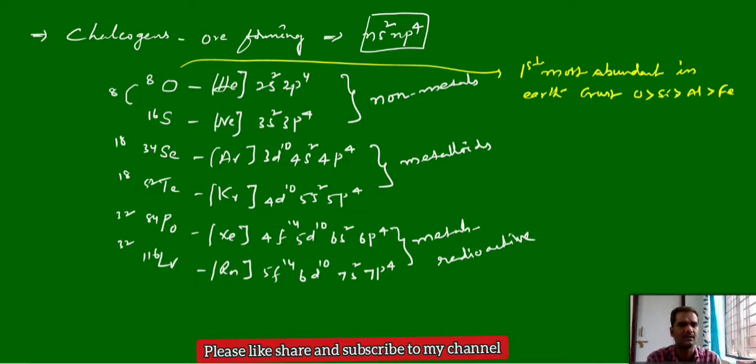These are the first four elements which are available more in the earth's crust. Oxygen is also 21 percent by volume in the atmosphere, but in the atmosphere nitrogen is the most abundant, while in the earth's crust oxygen is the most abundant element.